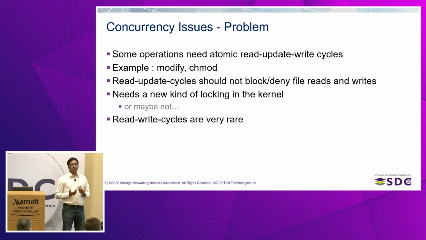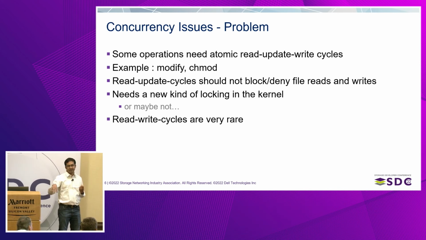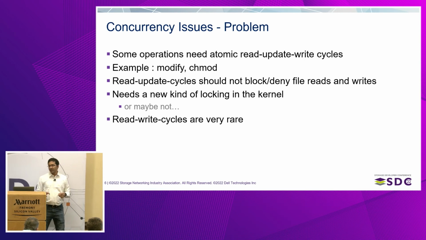What makes this even more complicated is that the way the HDFS protocol works, it assumes that large reads and large writes can happen in parallel with these metadata operations. So on the OneFS side, what we really need is a way to lock down the metadata of the file without blocking any of the reads and writes, which, if you think about it, is not there on any operating system in user land.